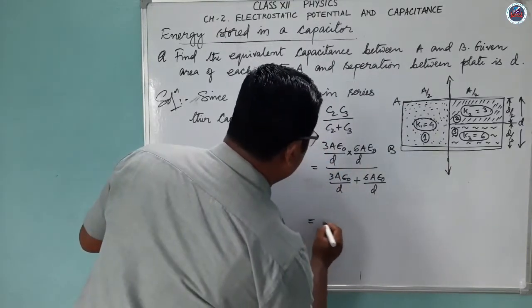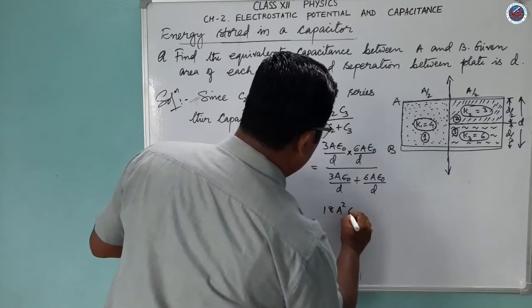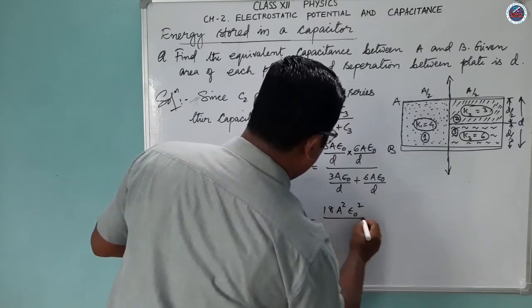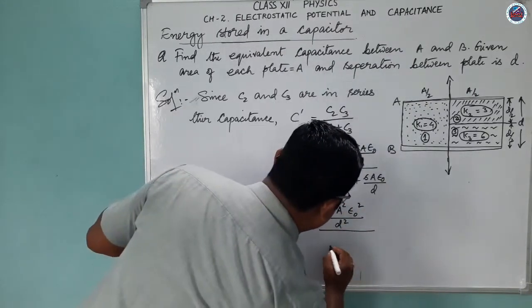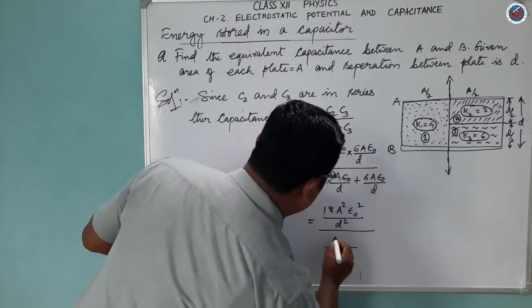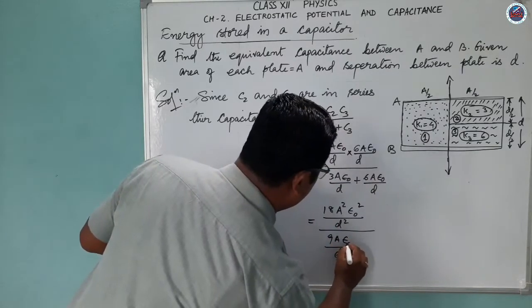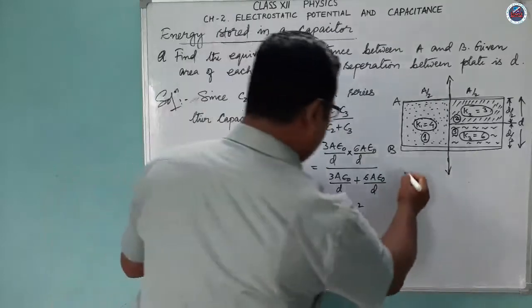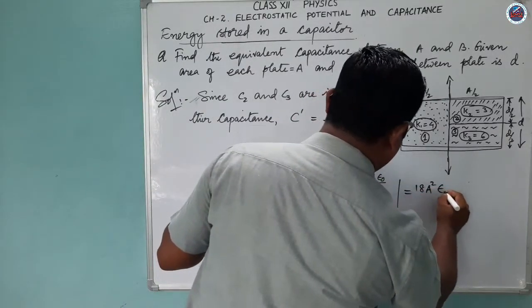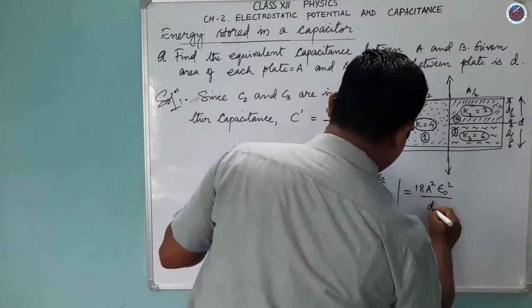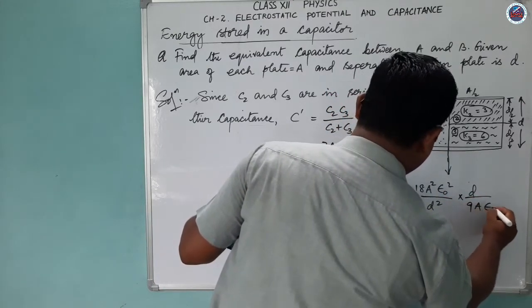Then 3 times 6 is 18, a square epsilon naught square divided by d square. Downside you have LCM d, then 3 plus 6, 9, a epsilon naught. If you reverse it, it will be 18 a square epsilon naught square divided by d square into d divided by 9a epsilon naught.